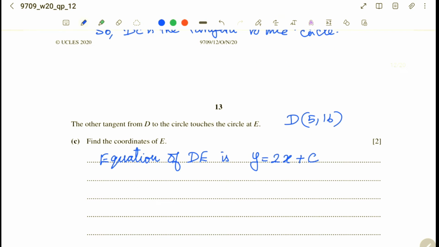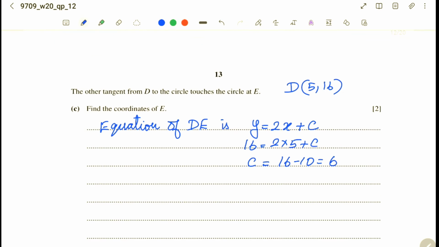To find the value of c, let's substitute 5, 16 here. So 16 equal to 2 multiplied by 5 plus c. So c is equal to 16 minus 10, which is 6. So the equation of DE is y is equal to 2x plus 6.